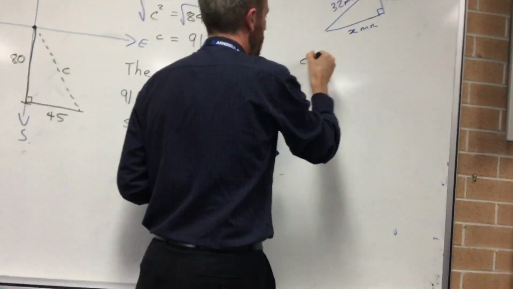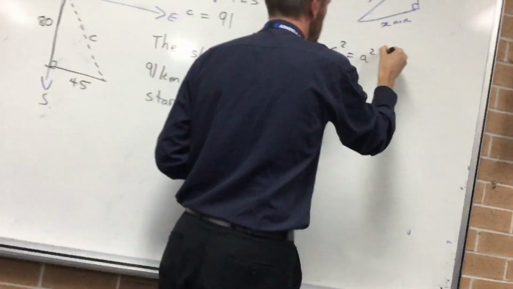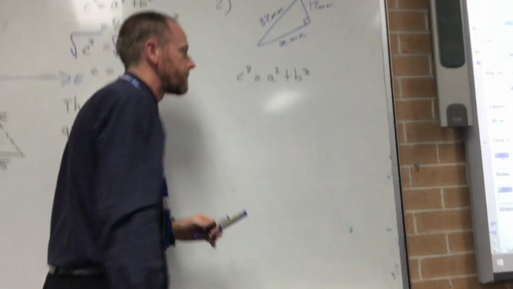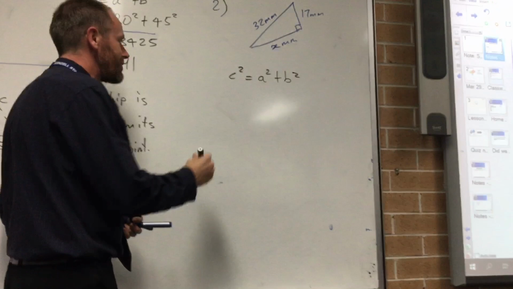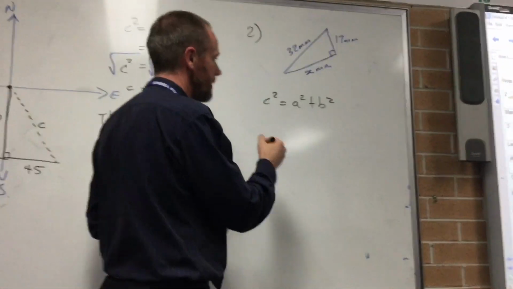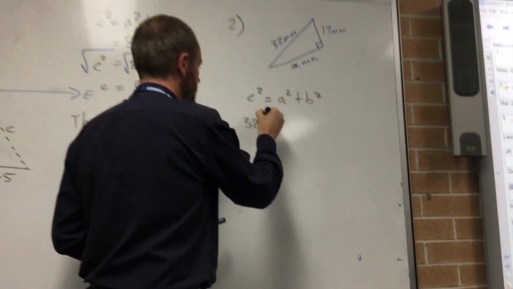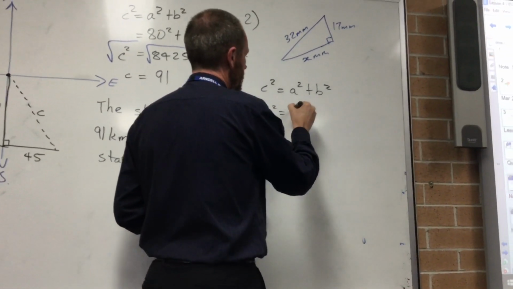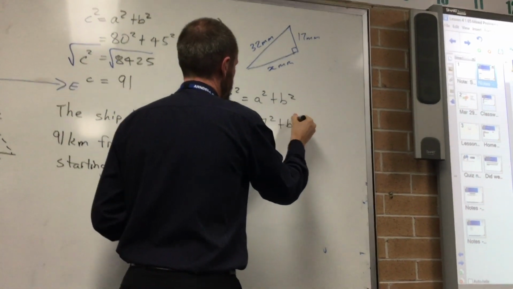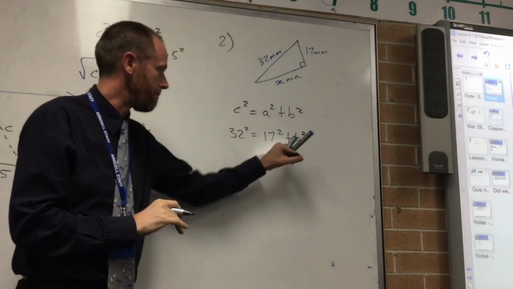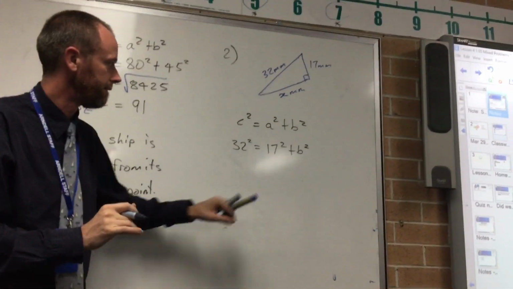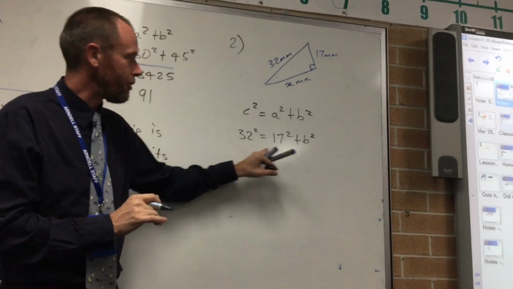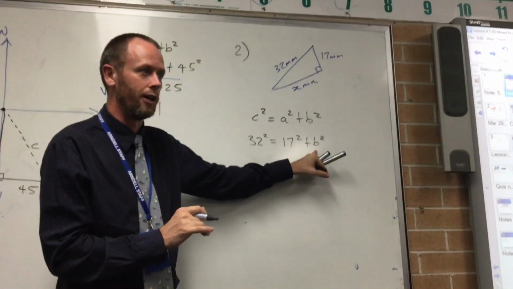We know that our equation is c squared is equal to a squared plus b squared. When I substitute in this time, it's not going to be as easy because I've actually got the c. So 32 squared is equal to 17 squared plus b squared. Remember, it doesn't matter which one's a or b really. I notice that I've got to find b, which is on this side.